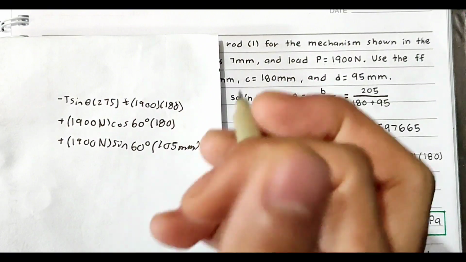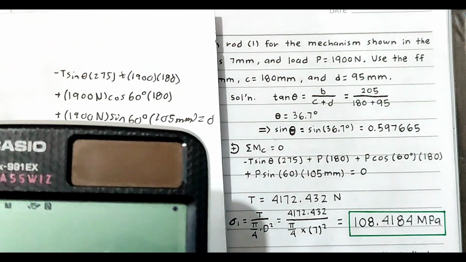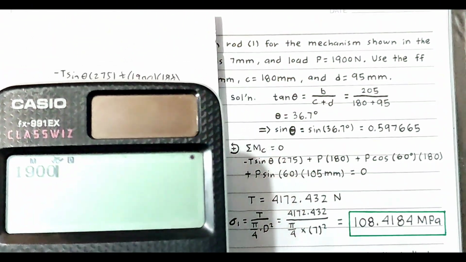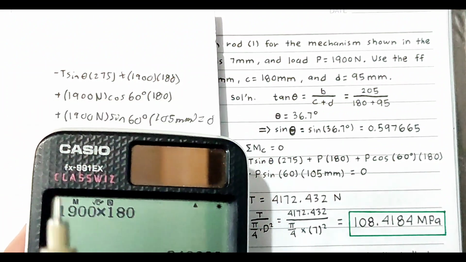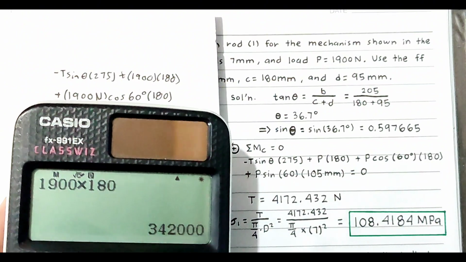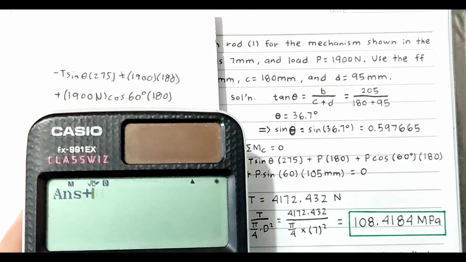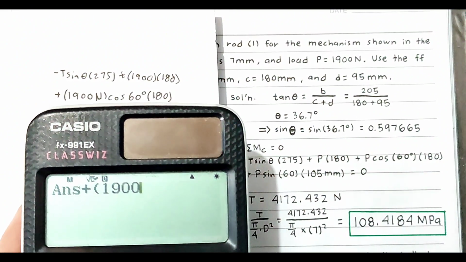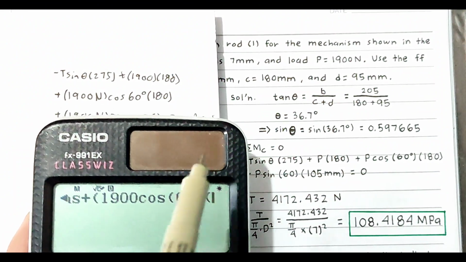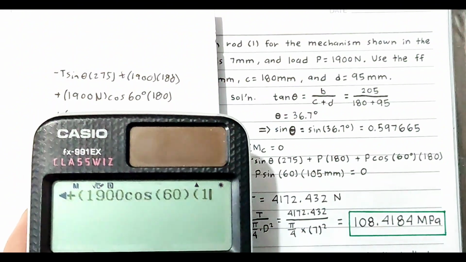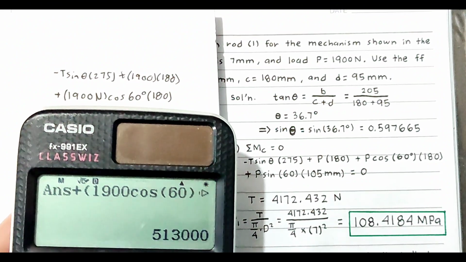Now upon solving, we first get 1900 times 180, which equals 342,000, and then to this answer we add 1900 newtons cosine of 60, and then make another parenthesis for this distance 180, and that equals 513,000.